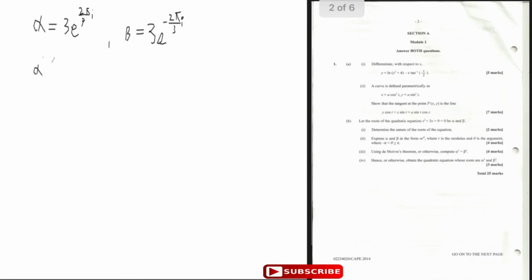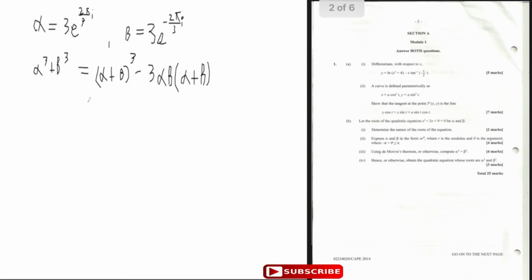Now alpha cube plus beta cube, if we remember back from unit 1 mathematics, is equal to alpha plus beta all cube, minus 3 alpha beta into alpha plus beta. This is how we find it. Not going to do De Moivre's theorem; I don't want to get into that right now.